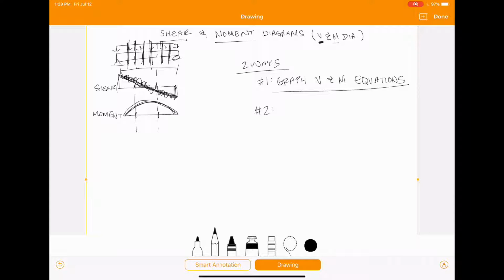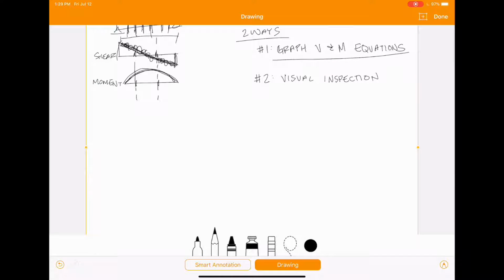Or you can also draw a shear and moment diagram by visual inspection.